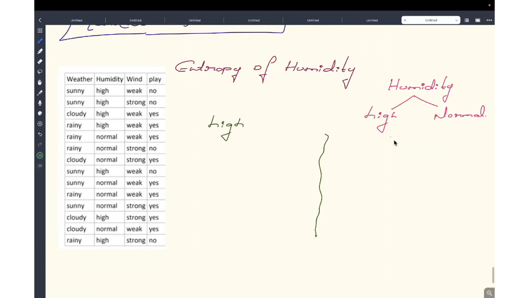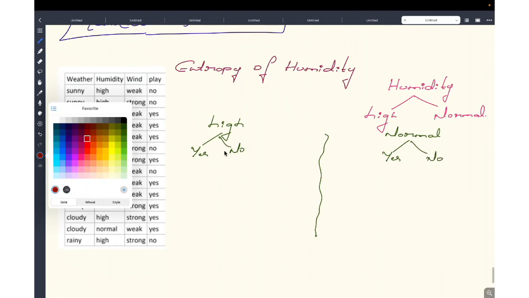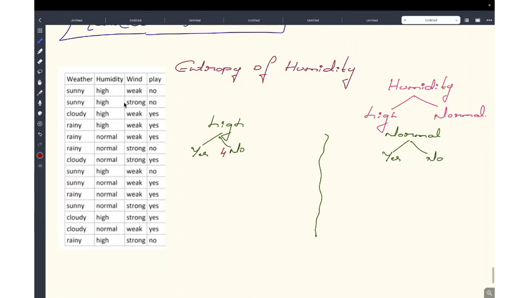Similarly, we'll try for normal. Tell me how many yes, how many no for high. 4 no, 3 yes. One, two, three. Yes, okay, I can do it directly.